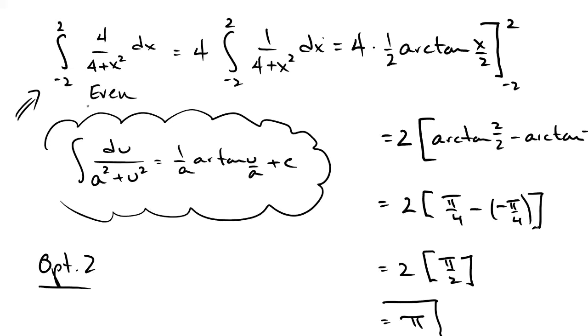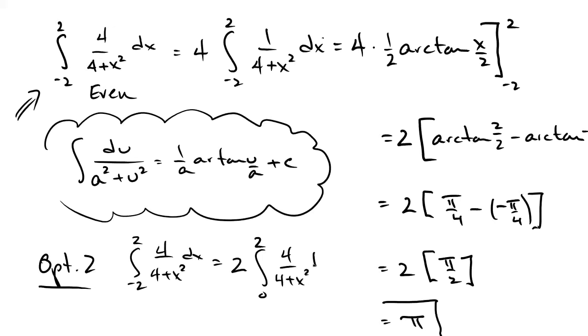Since our limits of integration are the same values, just one positive, one negative, we could have said that the integral from -2 to 2 of 4 over 4 plus x squared dx will be the same thing as 2 times the integral from 0 to 2 of 4 over 4 plus x squared dx.